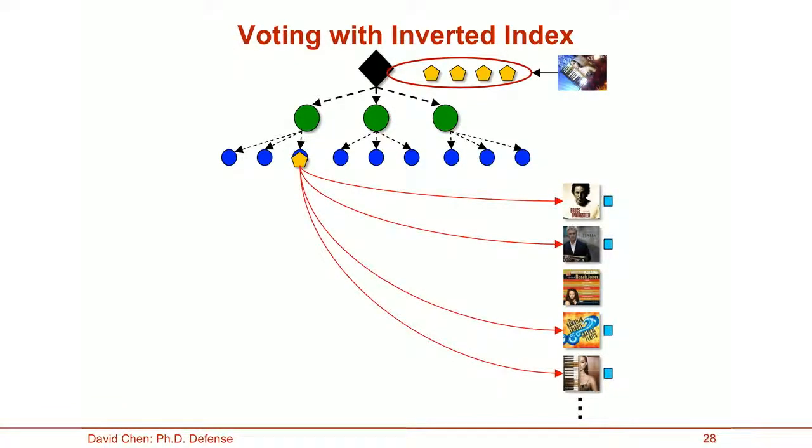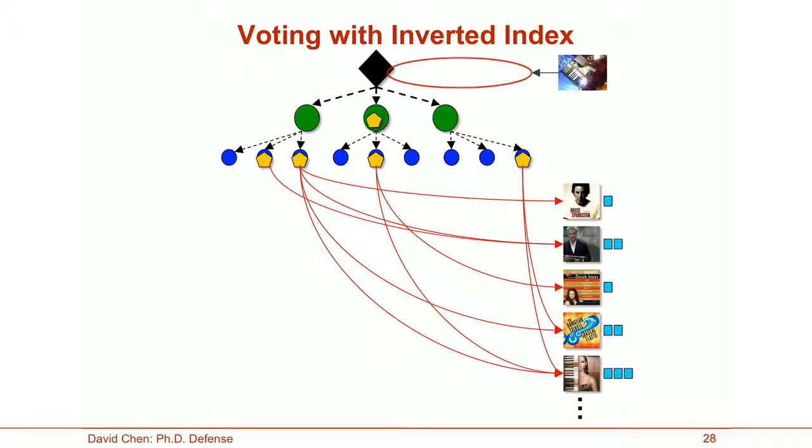We quantize the features of the query image through the vocabulary tree the same way, but now when we reach a leaf node, we follow these red inverted links and vote for the database images which have previously visited the same leaf node. This voting repeats for all of the other query features, and when we tally up the votes for the database images at the end, we find we actually get the same histogram intersection scores that we obtained before.